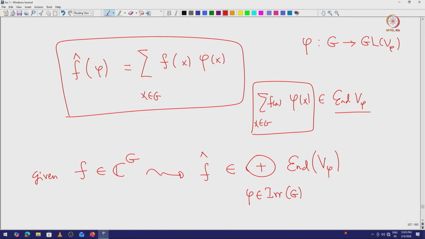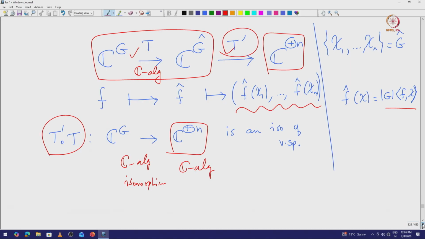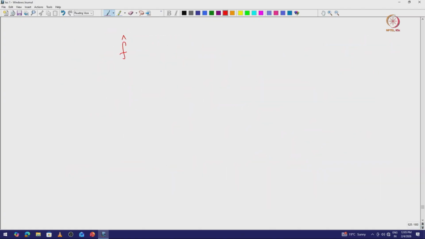So, if you think about it, we are not recording the function, we will record the coordinates. So, it is enough to say what is this f hat of chi. So, that is what I told you here. So, instead of recording f hat, you just record all possible f hat of chi. So, that means this f hat is just the f hat of phi, where phi runs over all these irreps of G.